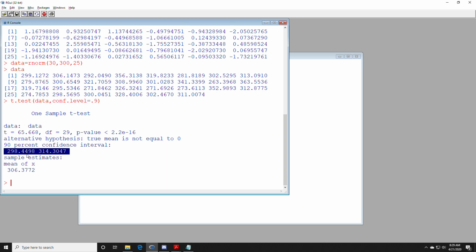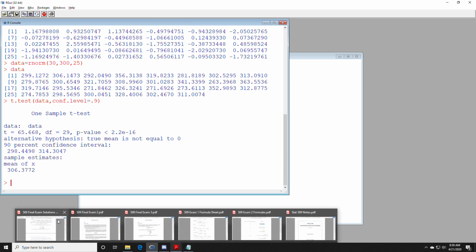However, we also don't have evidence that the turbine does not need to be tuned, because we do not have evidence that the turbine speed is above 300. So this is the case when the quantity you're looking for is between the upper and lower bound: we basically don't have evidence of any position. We don't have a conclusive decision. We can't say that it does, and we can't say that it doesn't. Remember that.